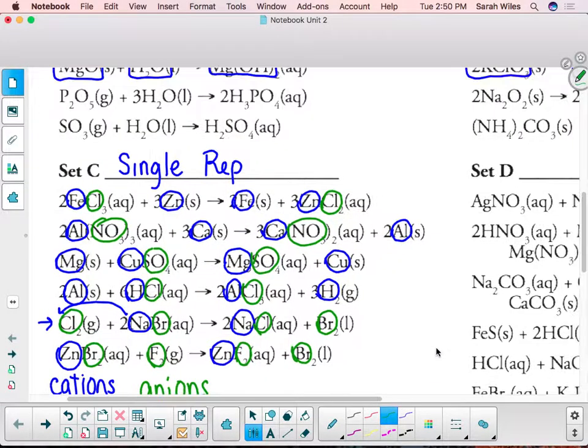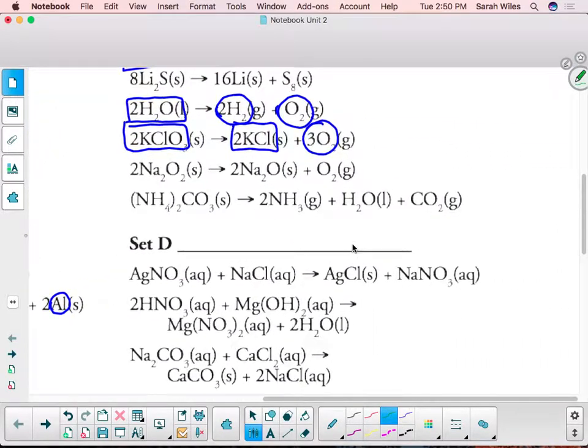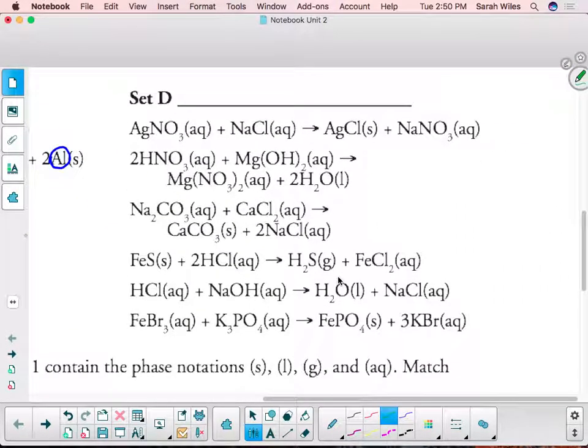Now, for the double replacement, you are always going to have two cations and two anions, and you're going to switch. It doesn't matter if you look at it as switching cations or if you look at it as switching anions. You're just making new couples, okay?